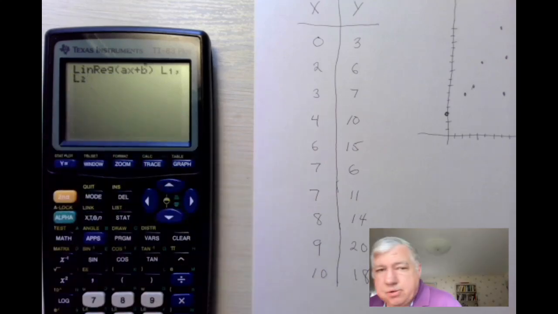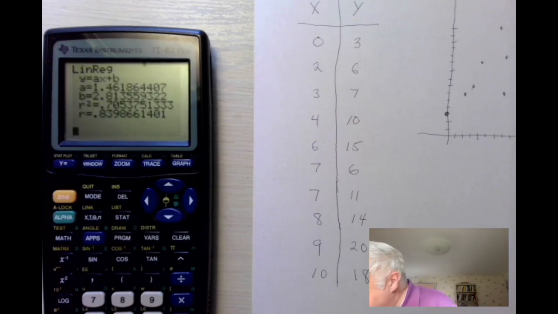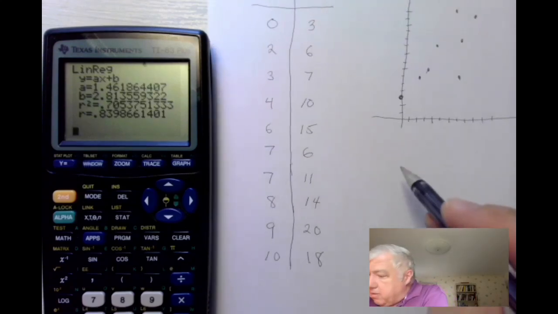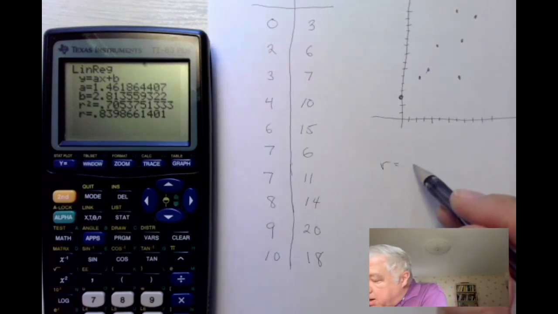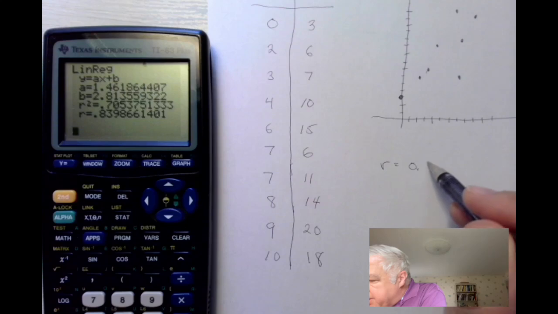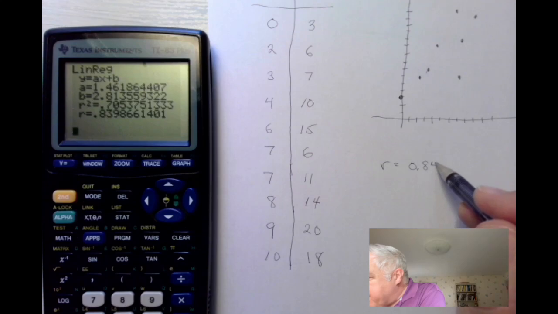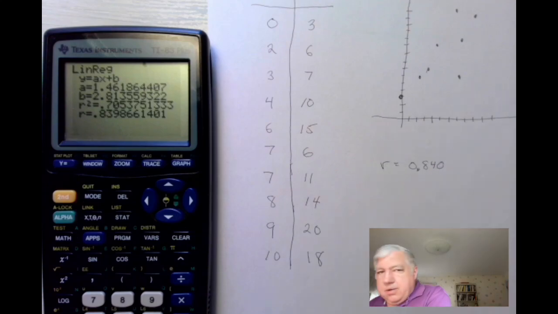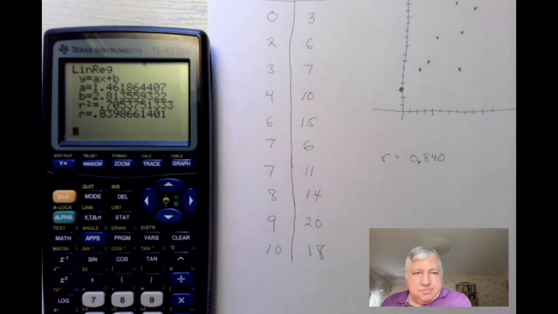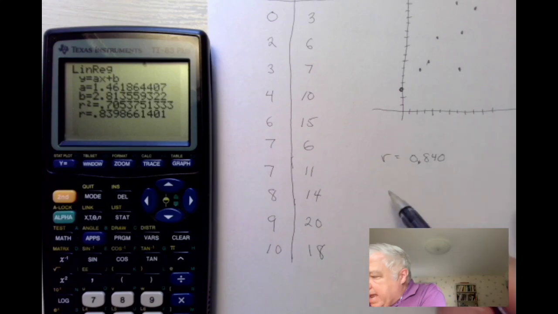You want to make sure you put a comma in between them, and there we get what we need. Our correlation coefficient r is 0.840. Well, we can put 839 or 840 if we round off here. So that's the correlation coefficient.